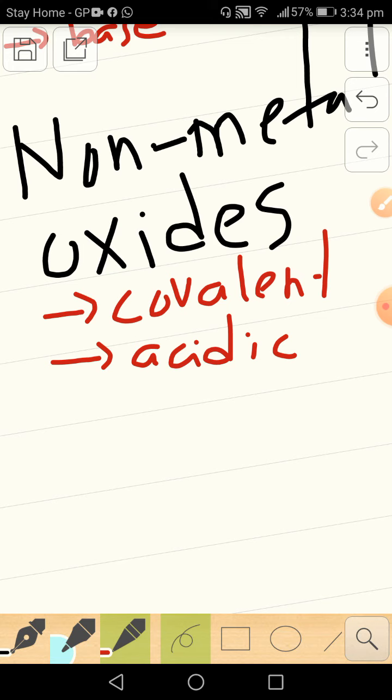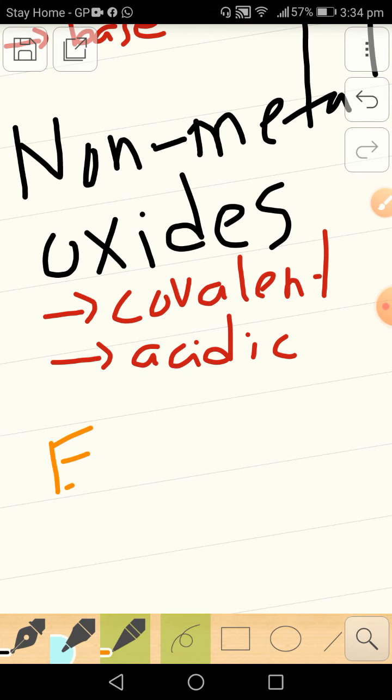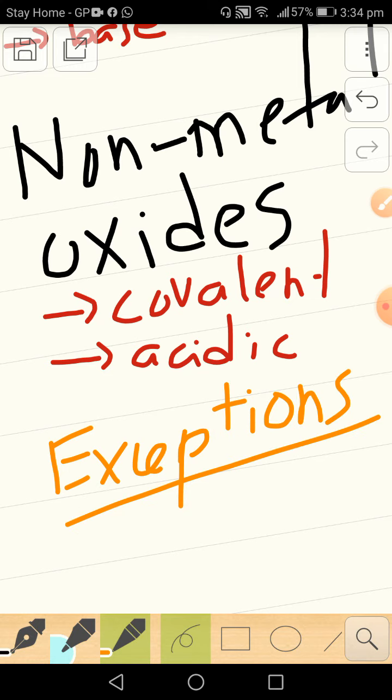So since non-metal oxides would react with bases, that's why they are acidic. Okay. And now the exceptions.